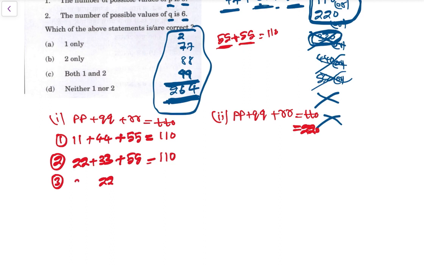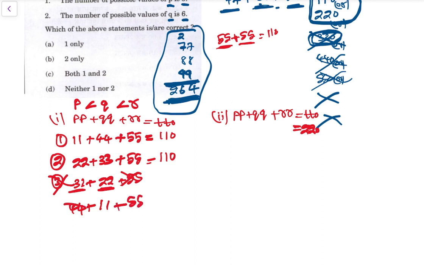This 22 and 33 plus 55 is not possible because we know R is greater than Q is greater than P. अब देखो इधर Q is 22 आ रहा है, P is 33, so this case is not possible. Similarly 11 plus 44 plus 55 ये भी possible नहीं है. So with 55 this is the possible case, ठीक है.